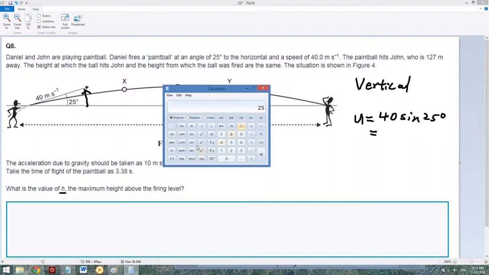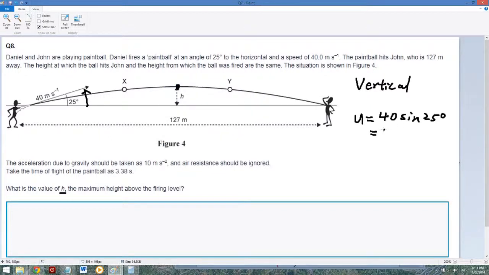The initial speed will be positive 40 sine 25 degrees. It's positive because initially it's moving up. We want to find the height here.